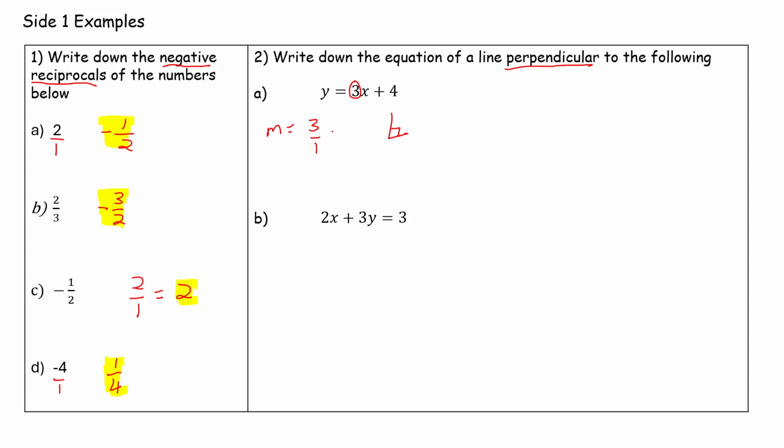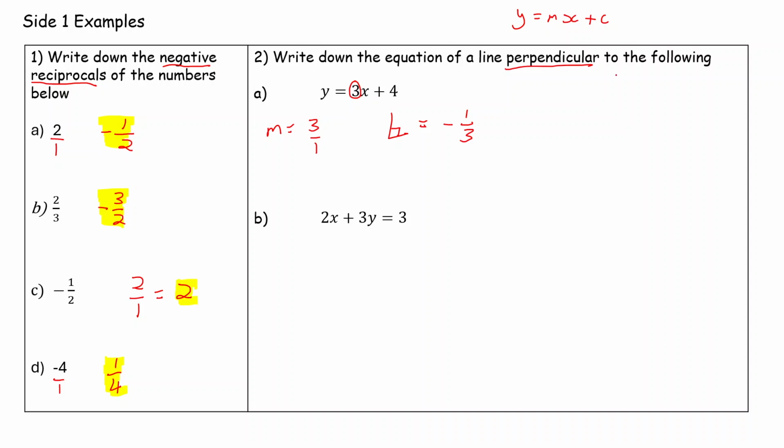So I take this gradient, I flip it, and I make it 1 over 3, and I make it negative. So the perpendicular gradient to this line must be minus 1 over 3. And we know the equation of a line is in the form y is equal to mx plus c. I've got the gradient, which is minus 1 over 3. The value of c could be anything.